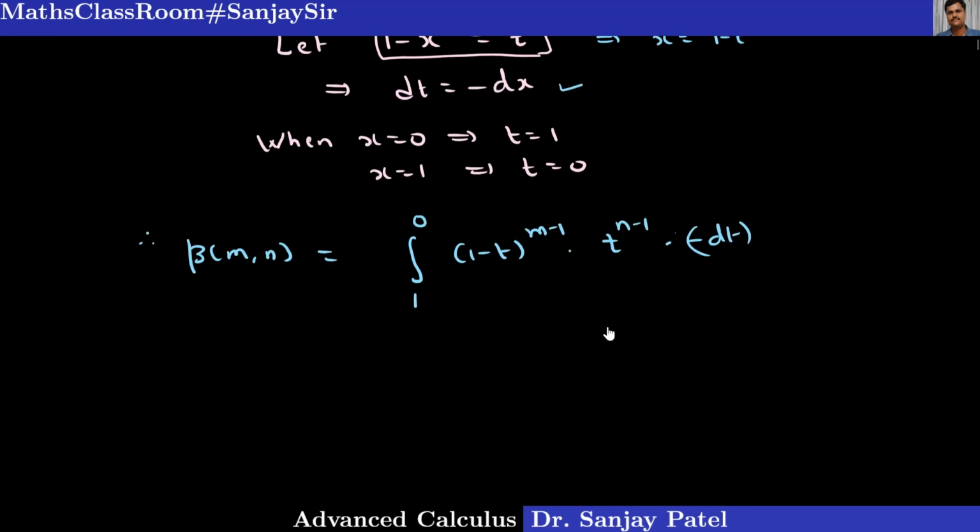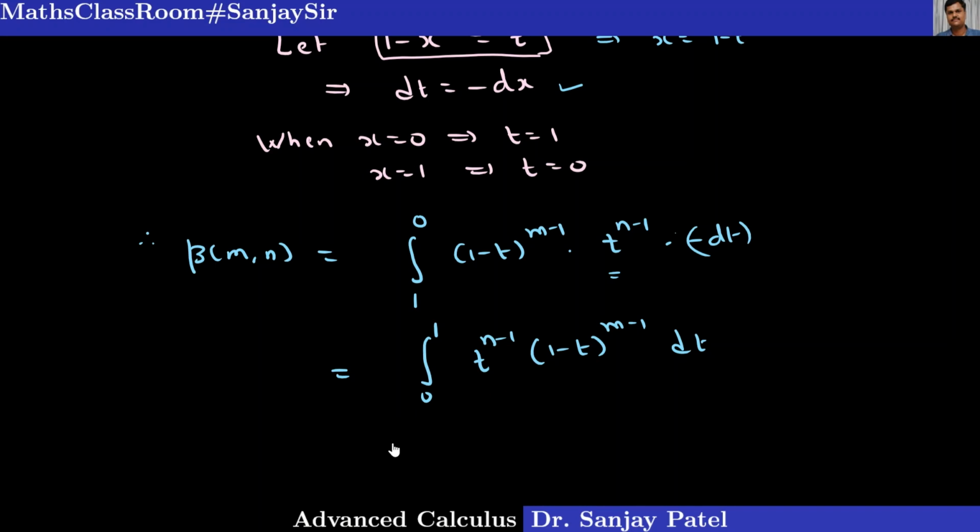Because dt is equal to minus dx, I can replace dx by minus dt. And integral a to b is the same as minus 1 times integral b to a. So interchanging the limits, I can remove this minus sign and write integral 0 to 1 t raised to n minus 1, this I am writing first, then into 1 minus t raised to m minus 1 into dt. This minus sign is replaced by changing the limits of integration. What is this right hand side?